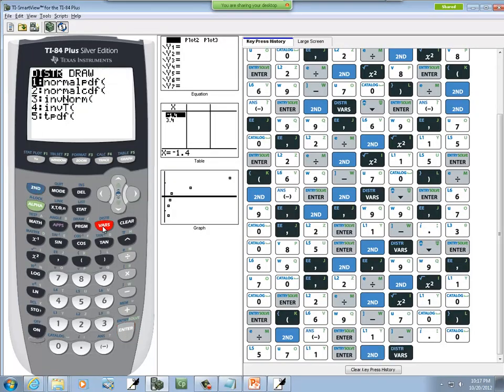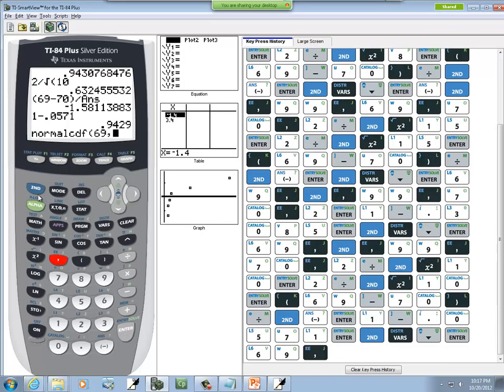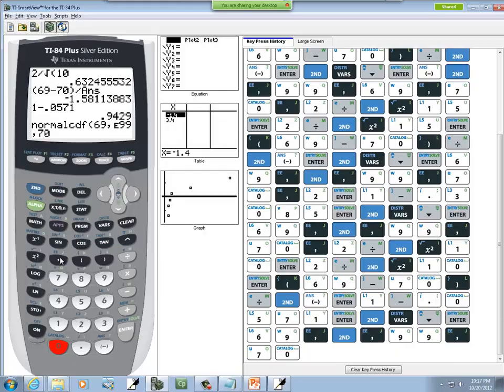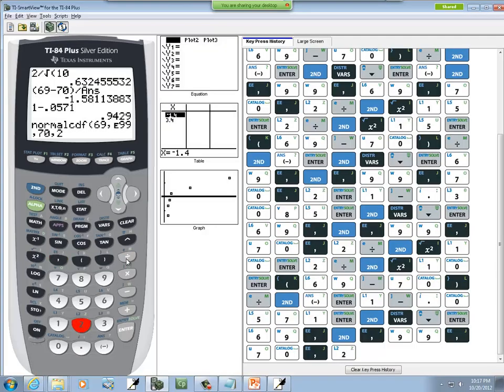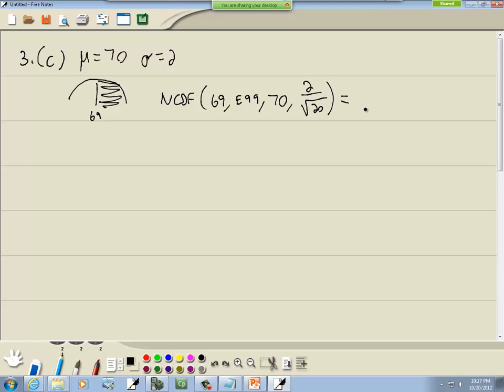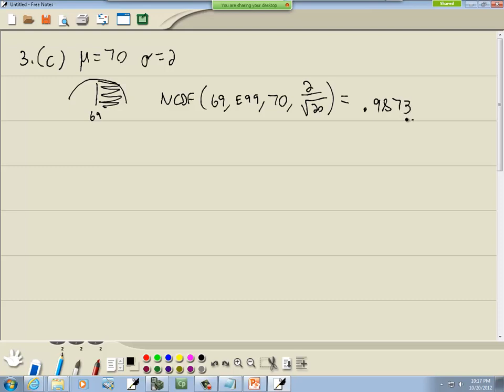Okay, so I'm going to do second vars, choose normal CDF. 69, comma, second comma, 99 for E99, comma, 70, comma, 2 divided by the square root of 20. And we get 0.9873. And that's via the calculator.